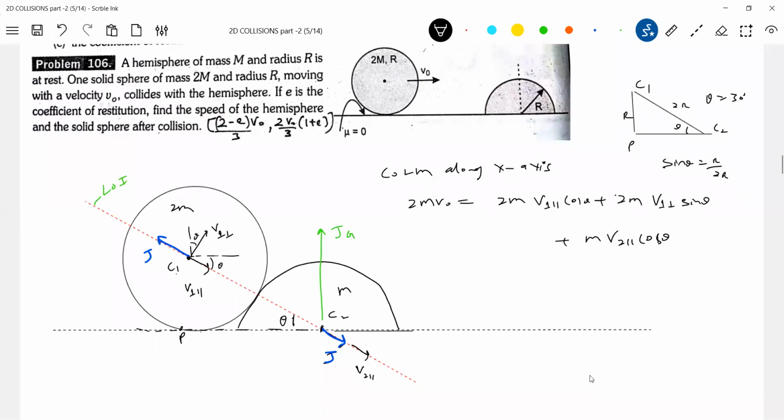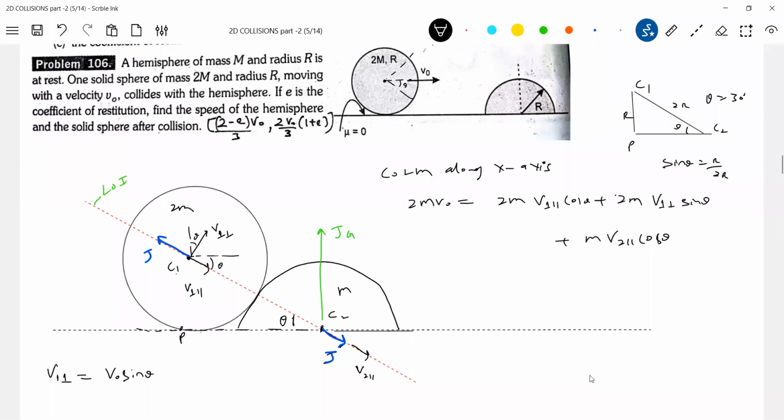Okay, fine. So this is the one equation we have. What is v1 perpendicular? V1 perpendicular should be equal to v naught sin theta, because I resolve this velocity v naught, and v naught sin theta is v1 perpendicular. So we already have the information. Okay, we got this one.